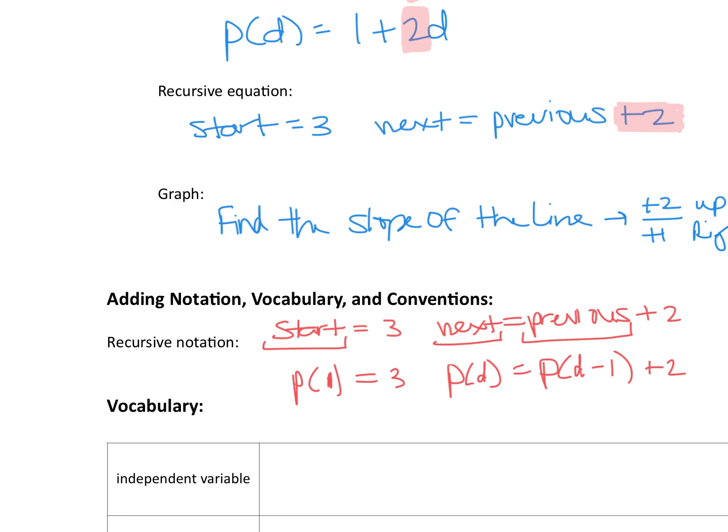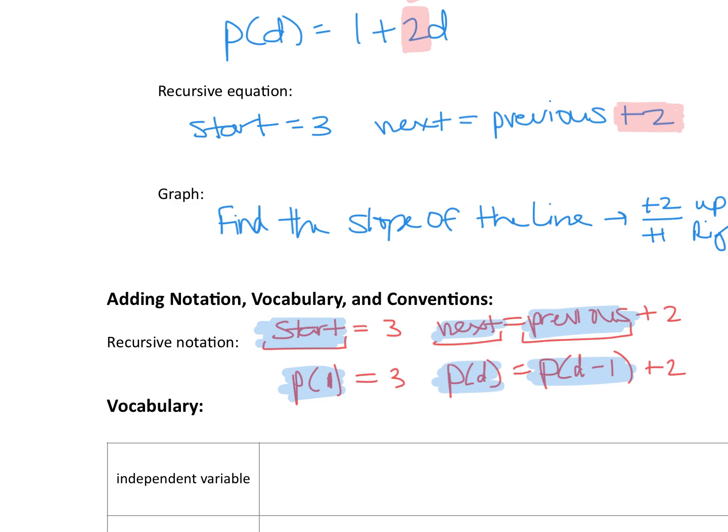So now you are up to speed as far as the recursive equation and using function notation for it. Okay, so the start in our situation was P of 1. Next, push-ups per day, P of D, and then previous, P of D minus 1.